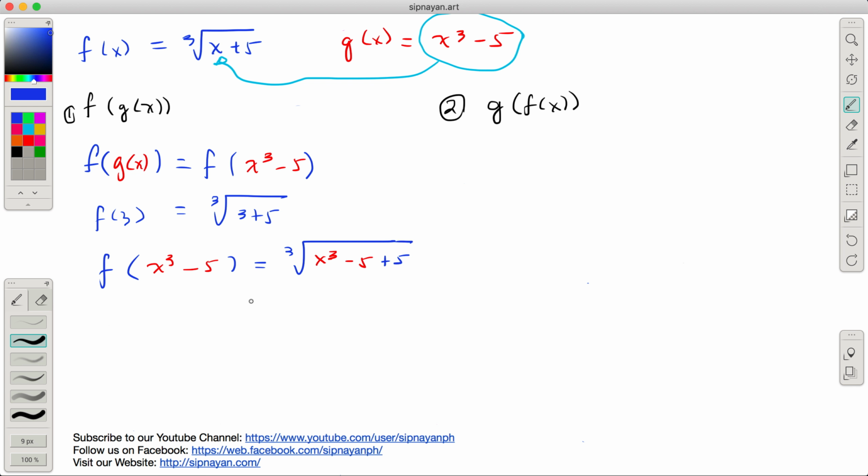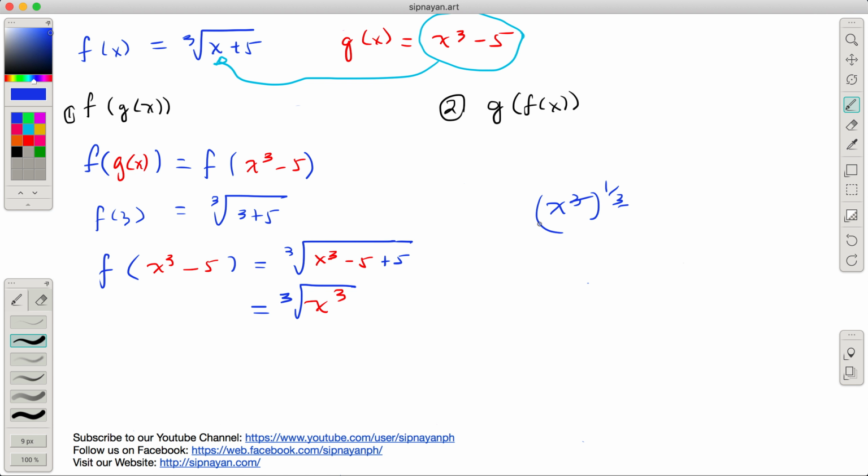No? Meaning, this is equal to x cubed na lang matitira dito kasi minus 5 plus 5 is 0. So, x cubed na lang matitira. And cube root of x cubed is just x, di ba? So, ang cube root means to the 1/3, di ba?